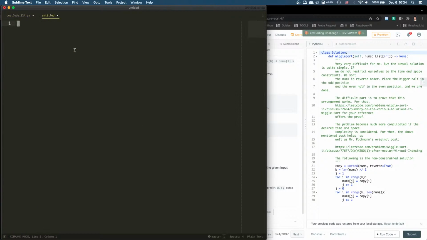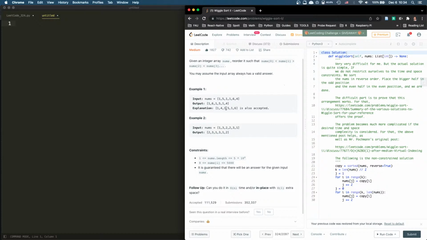Okay, so wiggle sort, right? The very first observation is about a sorted wiggle sort thing. So let's just take a look at this. So this one is sorted. Let's pick a better example. Let's take this one.